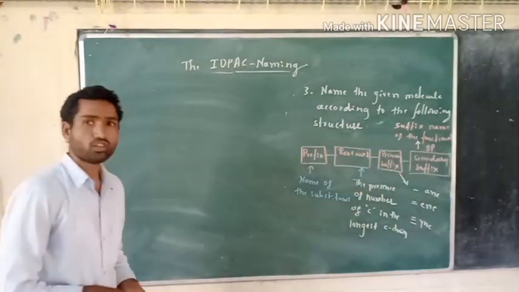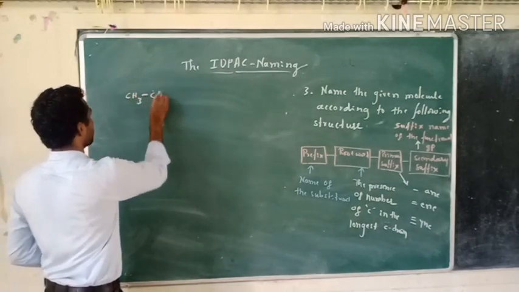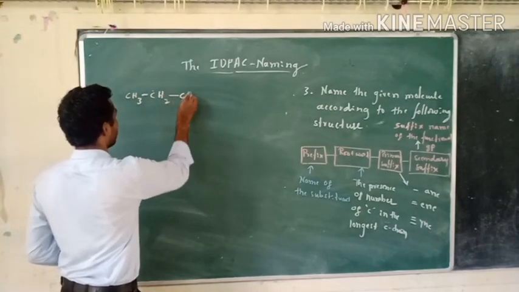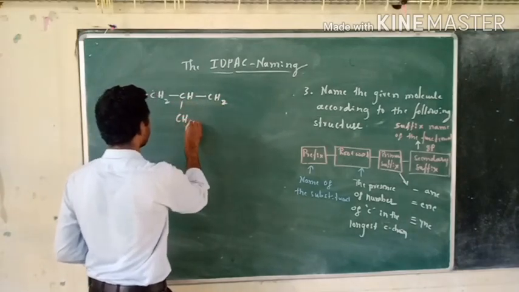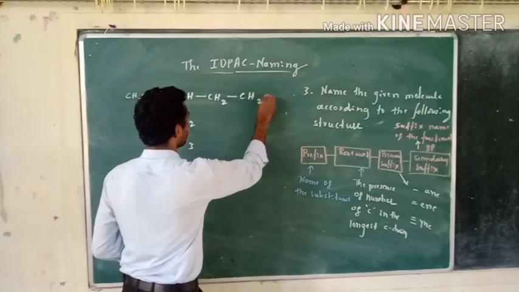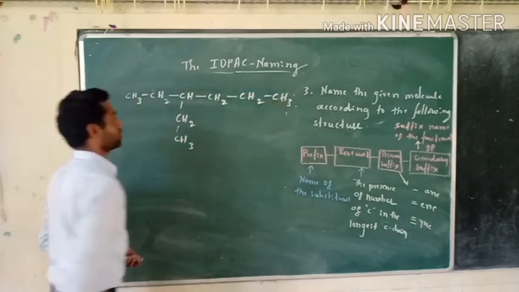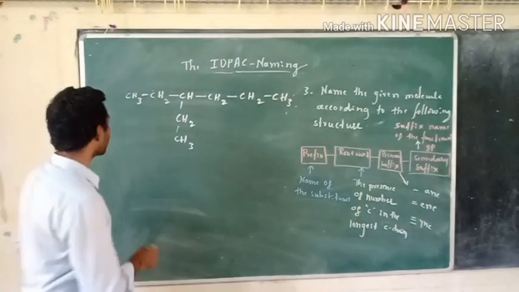So let us take one more example. CH3, CH2, CH, CH2, CH3, CH2, CH3, CH2, CH2, CH3. The first rule is, identify the longest carbon chain.